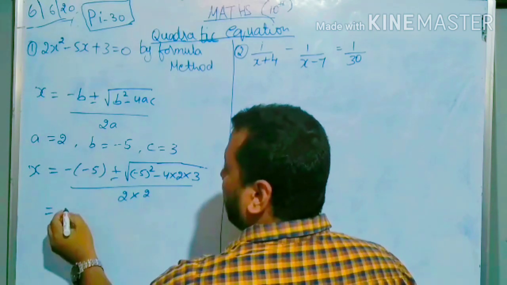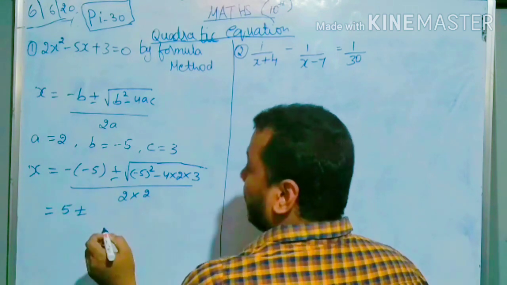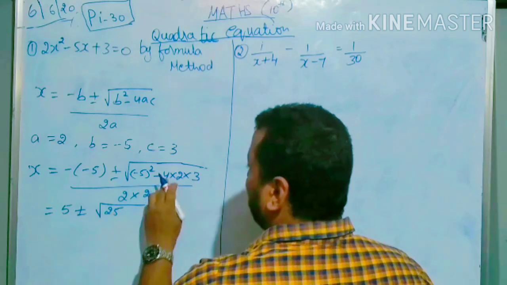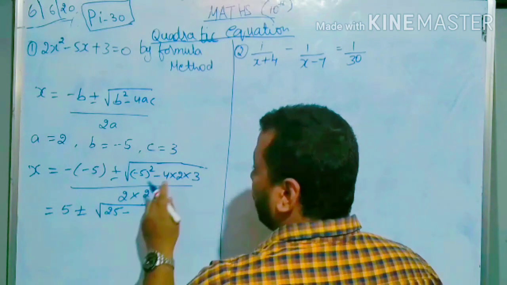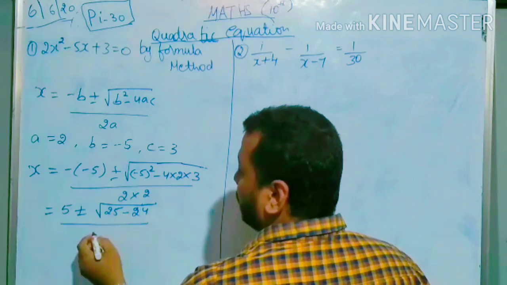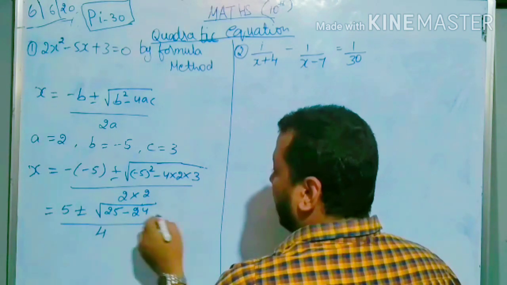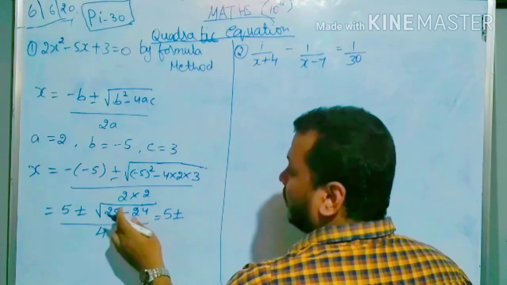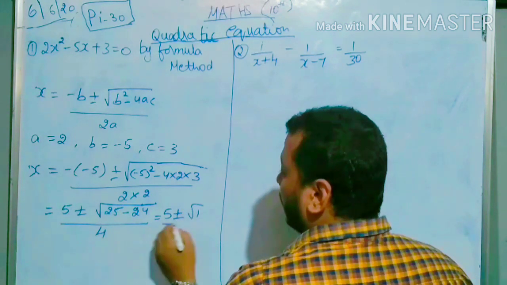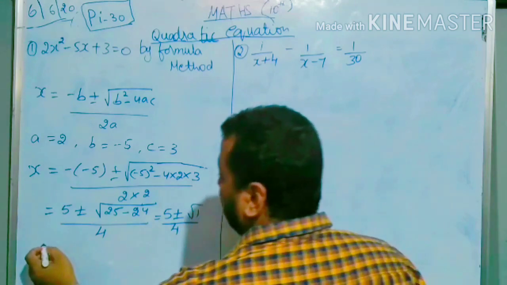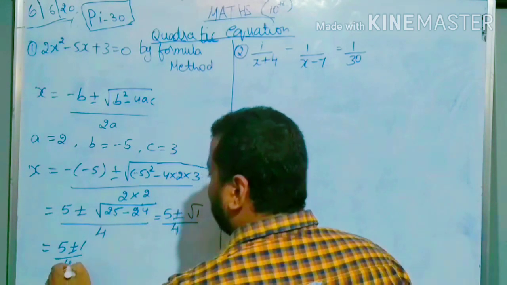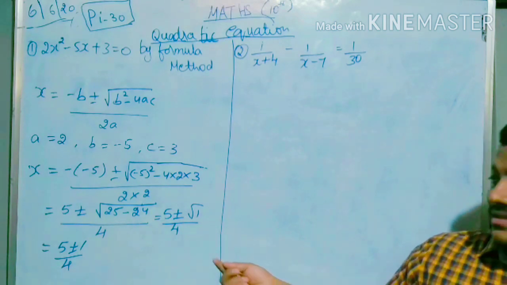Now this minus minus will become plus, 5 plus or minus root under 25 minus 4 into 2 into 3, which is 24, whole divided by 2 into 2, that is 4. So again 5 plus or minus root under 25 minus 24, how much? It is root under 1, whole divided by 4. So it will come 5 plus or minus 1 divided by 4, because root under 1 is 1 only.